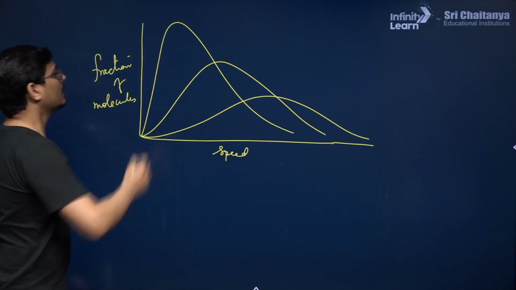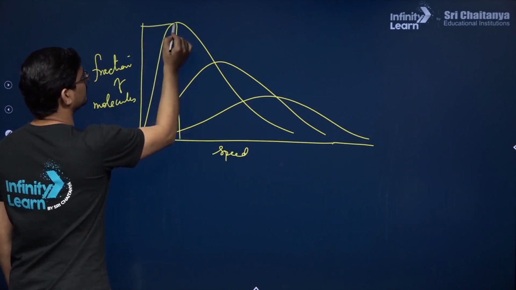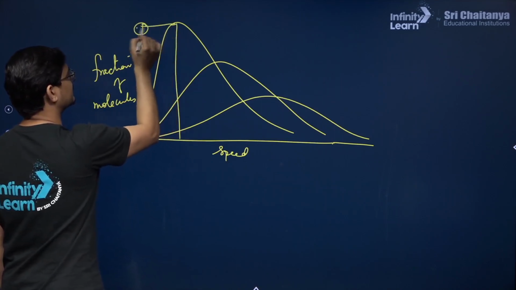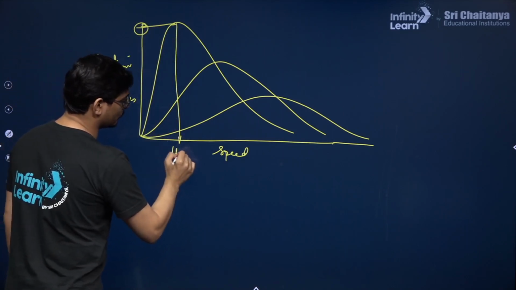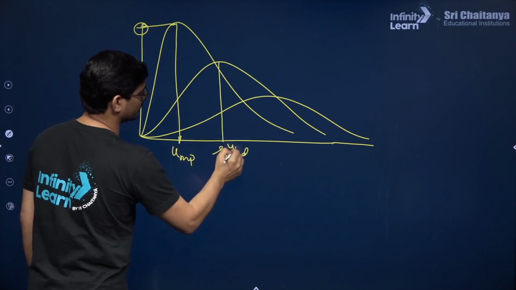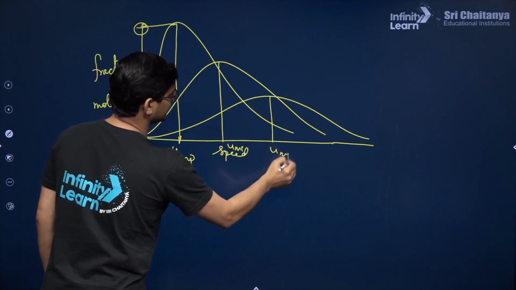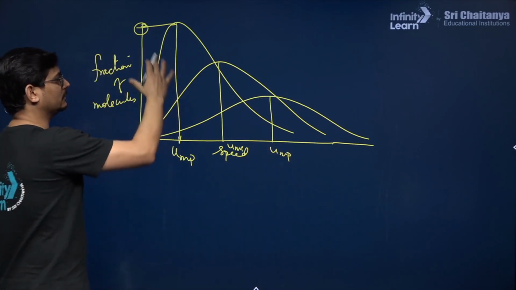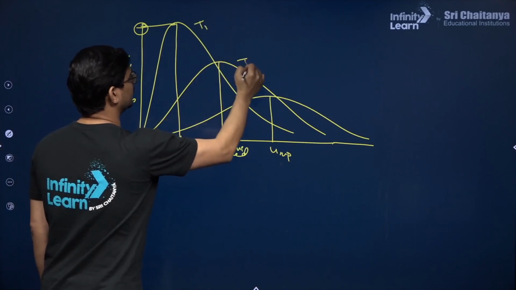All right, the peak of the graph, you can guess that the peak of the graph corresponds to the maximum fraction of molecules. So by definition this value is the most probable speed. Similarly, this value is the most probable speed, and this value is the most probable speed. All right, now these 3 graphs I have drawn for the same gas, let's say, but at different temperature.